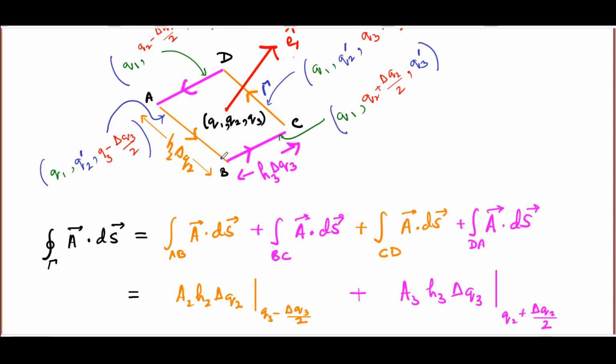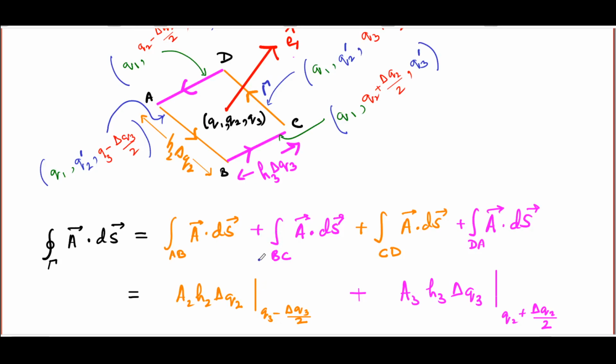That is, if you change your coordinate by dqi, the point moves through hi dqi. In this case, h2 delta q2. So assuming that this is a small enough region, you can replace this integral by the value of A dot delta l there, and that's going to be A2 times h2 delta q2. h2 delta q2 because that's the length of delta l, A2 because that's the component of A in the direction of dl here.